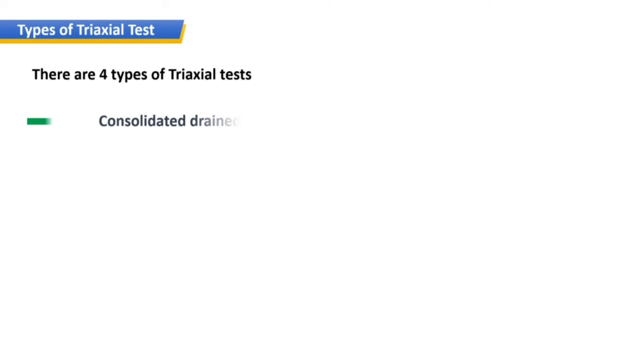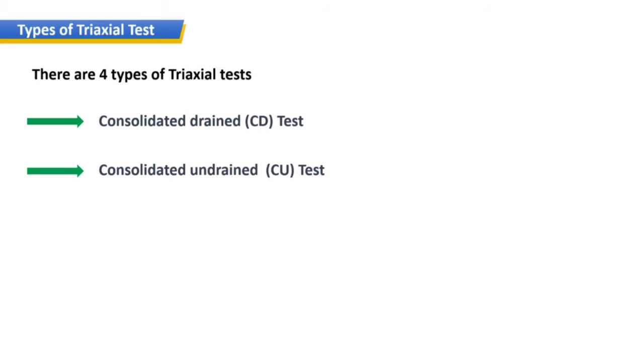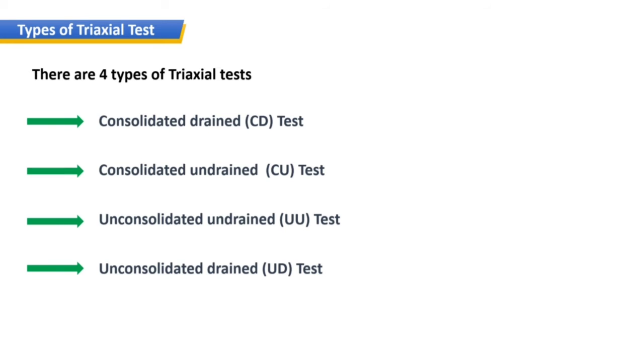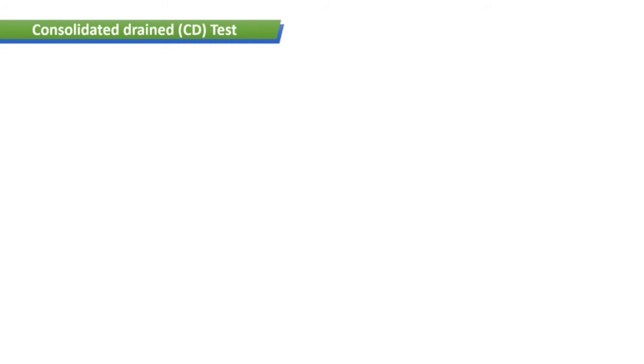So what kinds of triaxial test do we get? There are four kinds of triaxial test: CD consolidated drained, CU consolidated undrained, UU unconsolidated undrained, and UD unconsolidated drained. These are very important tests which are used in field conditions as well as in interview questions. Consolidated means the soil has been consolidated and drained conditions prevail.